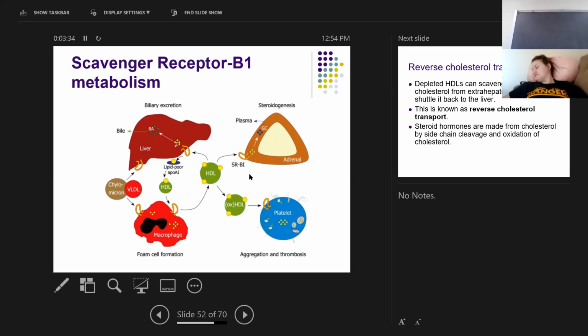And another tissue that actually uses cholesterol, but there's a lot less research on this, is the brain. The brain's use of cholesterol is extensive and it's different than other tissues. And it is poorly understood. There are some of these other receptors we've talked about in the brain, but the brain has some other receptors for these particles.